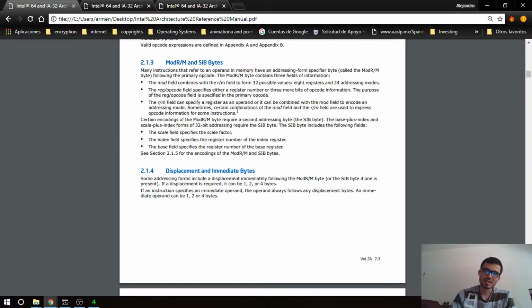And since it's not super determinant, these RM fields can be used however the primary opcode table defines, but in general they specify these kinds of displacements and addressing modes, which is the general case.